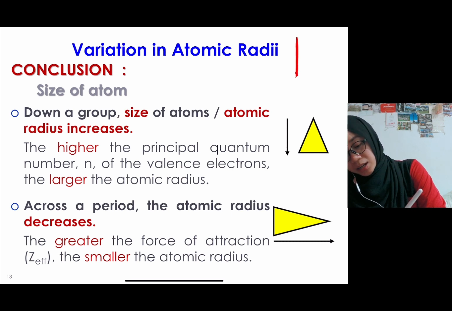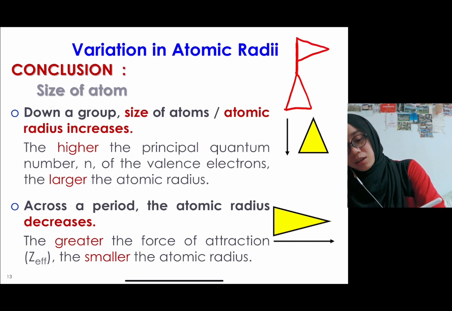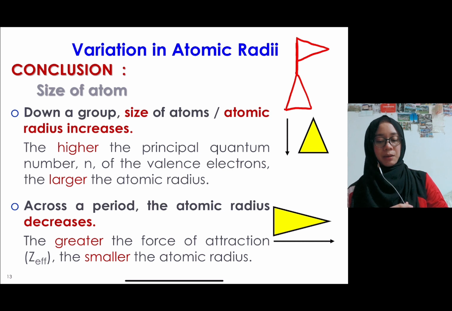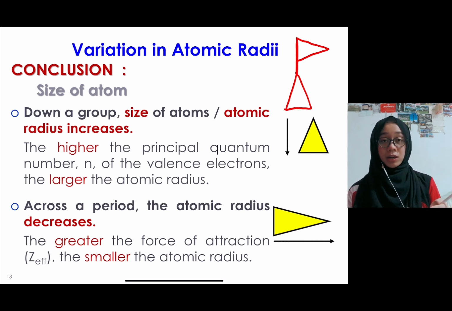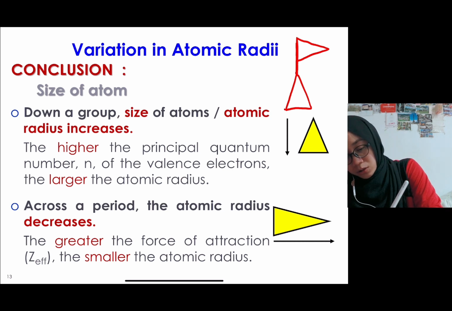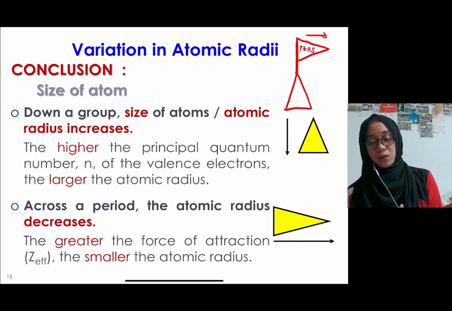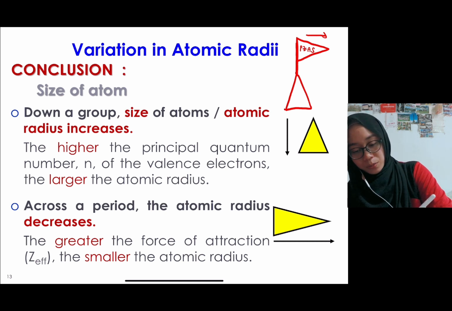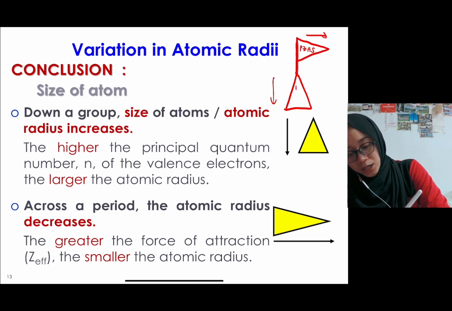Okay, bendera di atas bukit macam ni. Okay, so kalau kita ambil yang bendera tu merujuk kepada across period kan. So yang across period ni kita akan discuss pasal PIZZAS. Okay, meanwhile kalau yang down the group pula kita akan discuss guna NASAS.